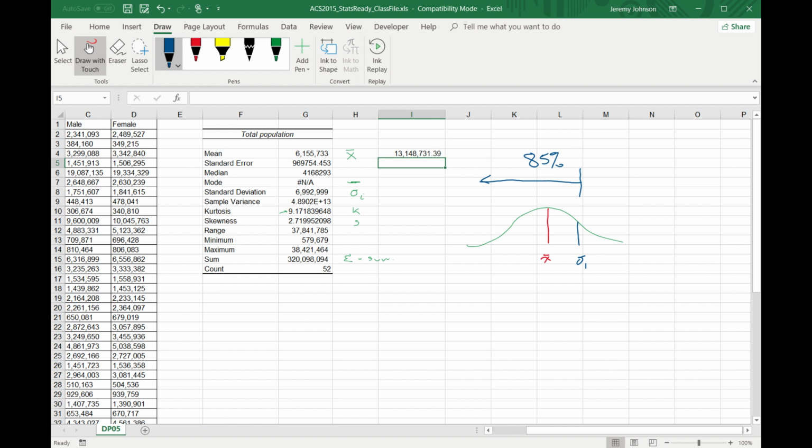Right? So that means this represents a big chunk, right? If we add 2, well, let's say this is 13 million here, right? 13 million.